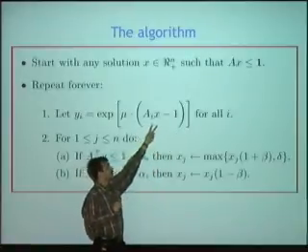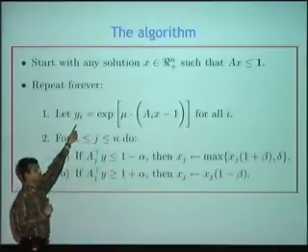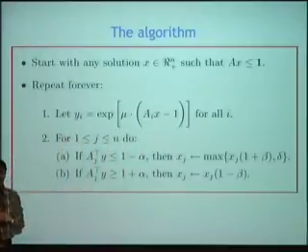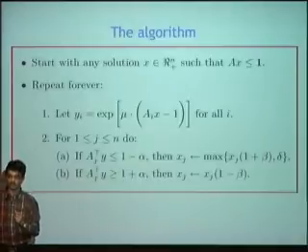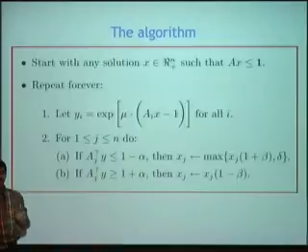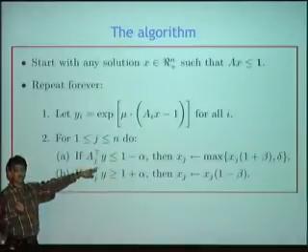So if the flow is very close to capacity, then the dual variable associated with an edge is going to be very large. So think of yi as the length of edge i. If the flow is very close to the capacity, then the length of edge i is going to be large, right?